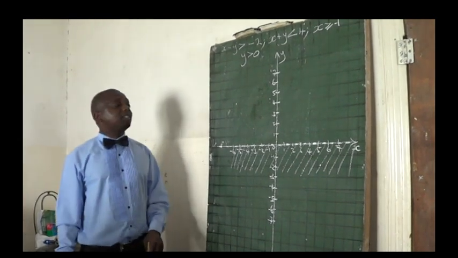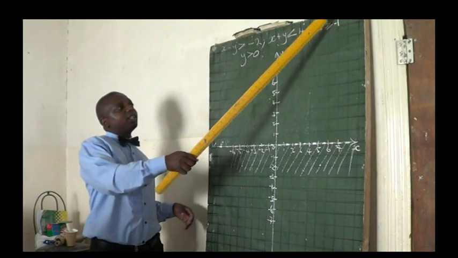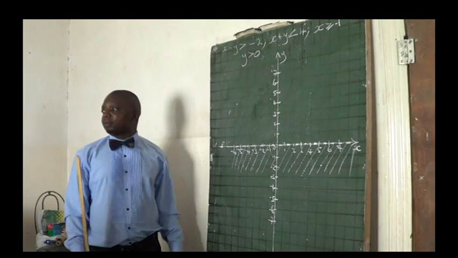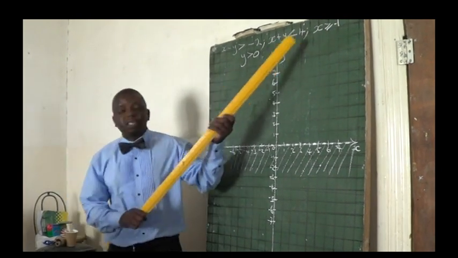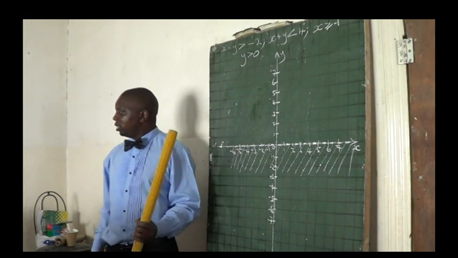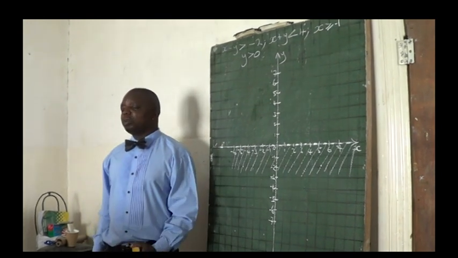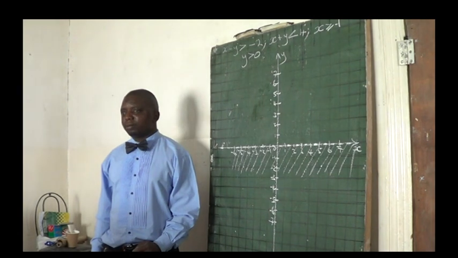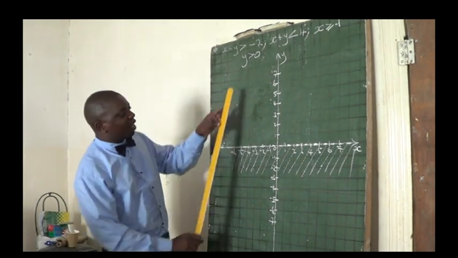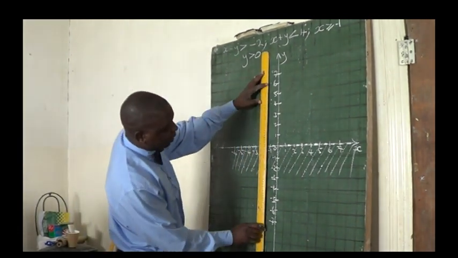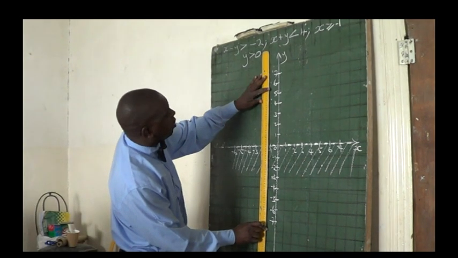Right. And x is greater than or equal to minus 1. We draw the line x equal to minus 1, which is a vertical line that cuts the x-axis at minus 1.